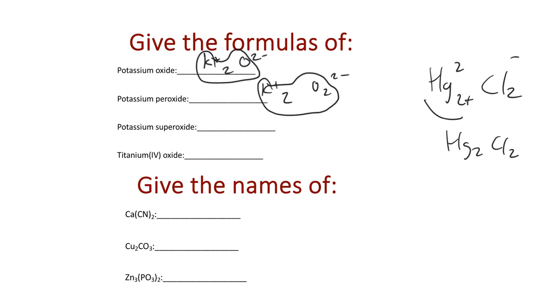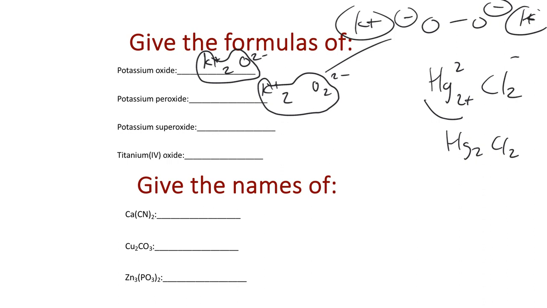So now what does peroxide look like? Well, it's just two oxygens bonded together somehow with a negative charge on either end. I mean, we'll pick that up later, but that's kind of what peroxide looks like. We get the two charges here, the K plus on one side, the other K plus on the other. So just kind of separating the charges, plus and negatives attracting to each other.